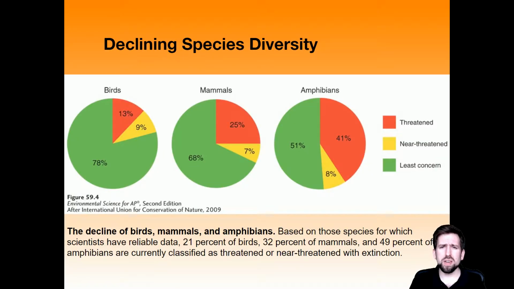So if we take a look at what things are being most affected, you can see that birds and mammals definitely have a little bit of an issue, with 13% of birds being threatened and 25% of mammals, but the big one that is really at risk are amphibians. We talked about how amphibians are a great indicator species in previous chapters, reason being that they live in freshwater and land environments.